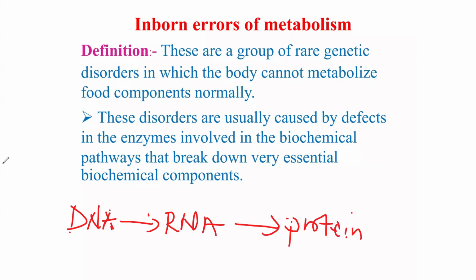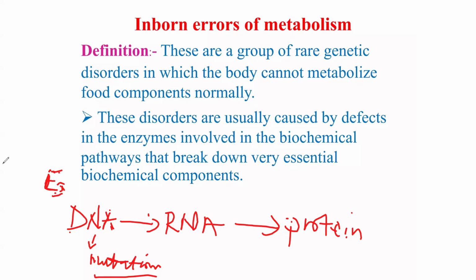So if there is a mutation in the DNA, what will happen? Let's say the mutation is in a gene responsible for producing enzyme 3 from the previous demonstration.